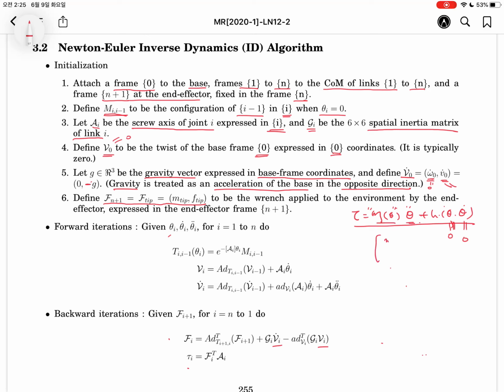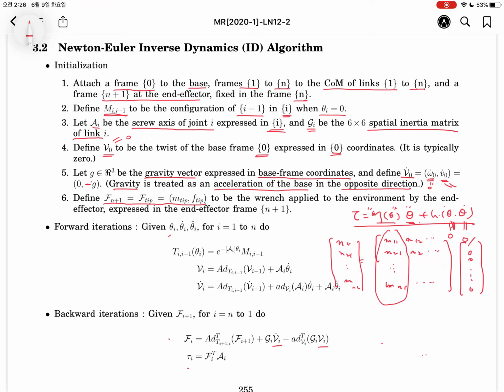So M11, M12, and so on, M21, M22, and so on, Mn1, like this. In order to obtain the first column vector of the inertia matrix, let's assign 1, 0, 0, and so on, 0. At that time, we will get M11, M21, and so on, Mn1.